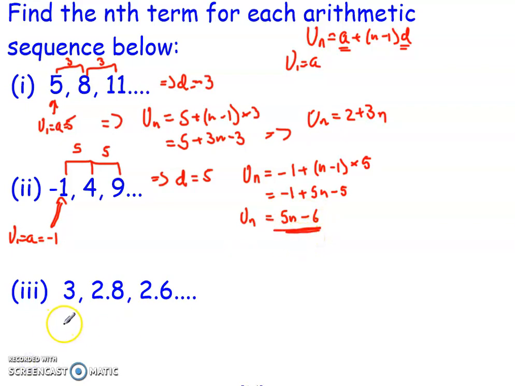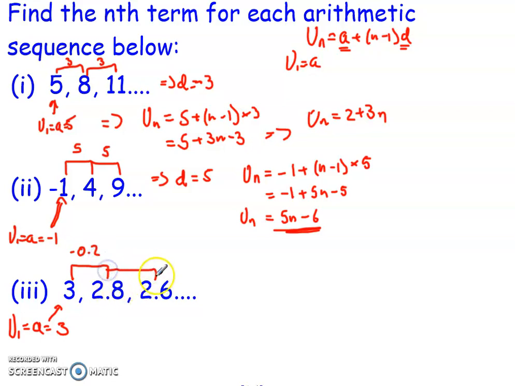This one here, it's the same drill and the same set of steps. First thing I have to calculate is my a. So I know that u1 is equal to a, which is the first term, which in this case is my 3. I then have to find the common difference. So I have to find the difference between terms. So in this case, I do 2.8, take away 3, and in this case, I get negative 0.2.